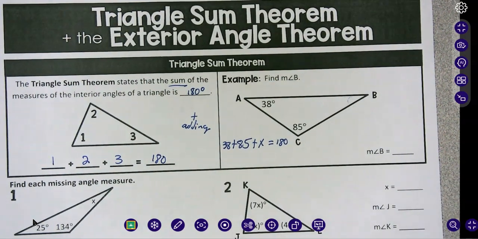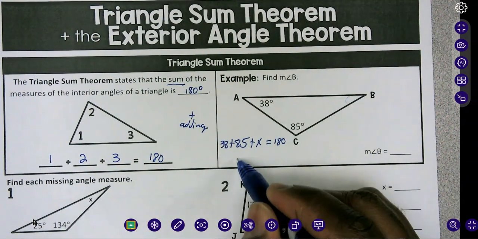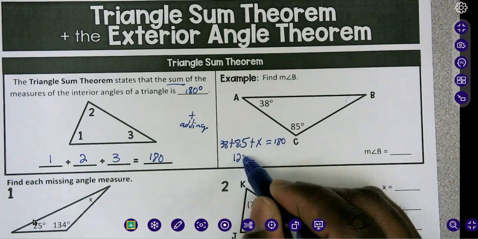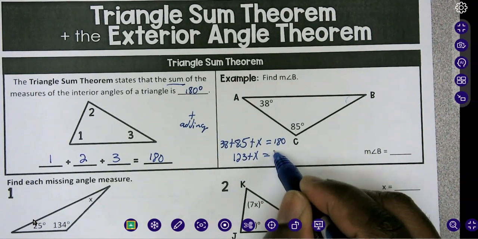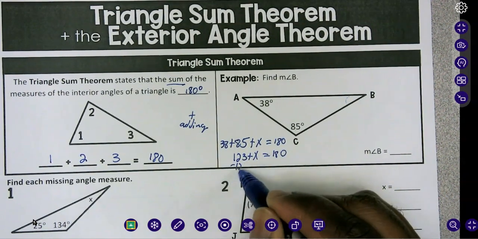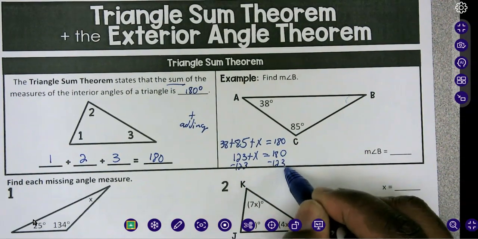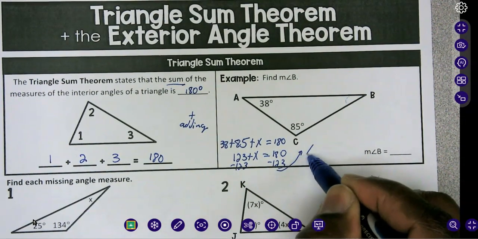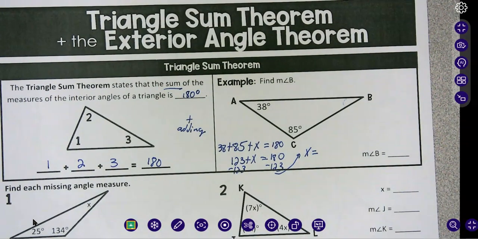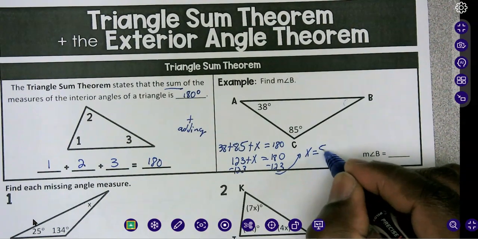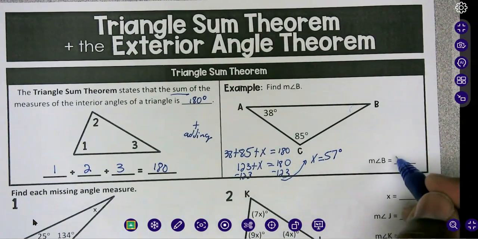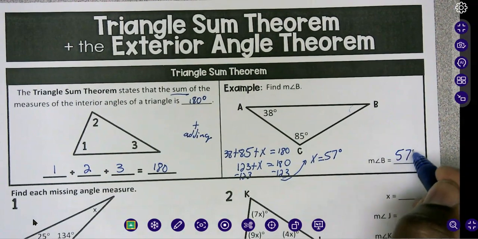Now, this might be the long way of doing it. You might think of an easier, quicker way, and that's great, but I'm just showing you where it comes from. If you do 38 plus 85, you get 123 plus X equals 180. If you subtract 123 from both sides, you get X equals 57, or the measure of angle B is 57 degrees.